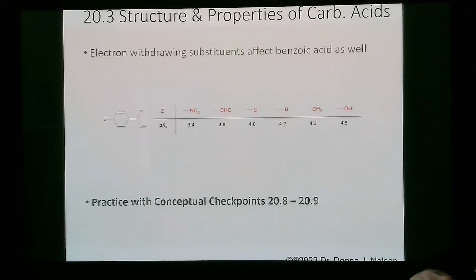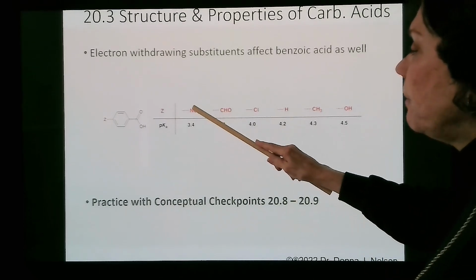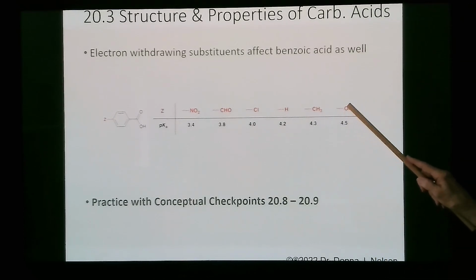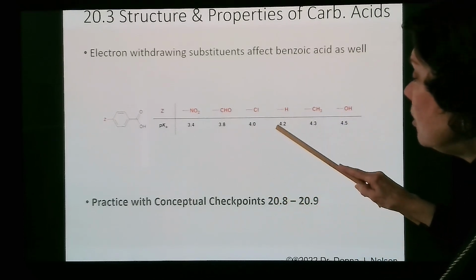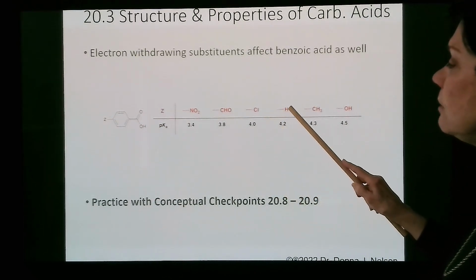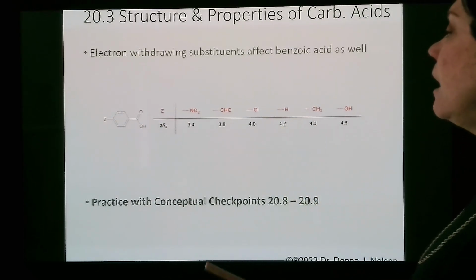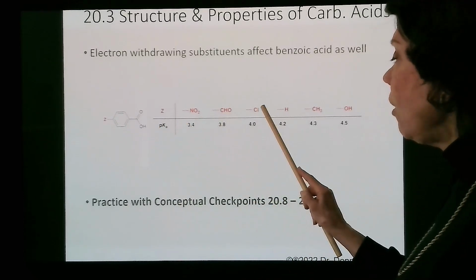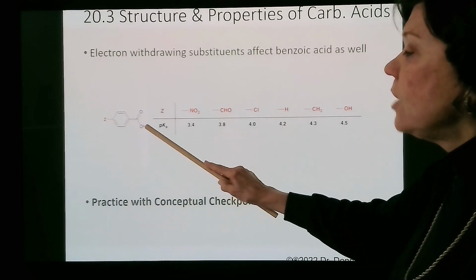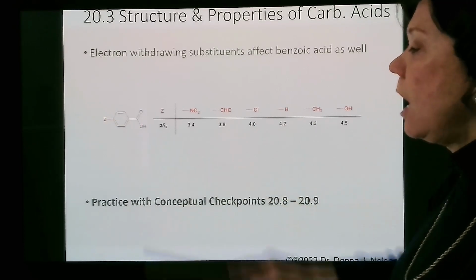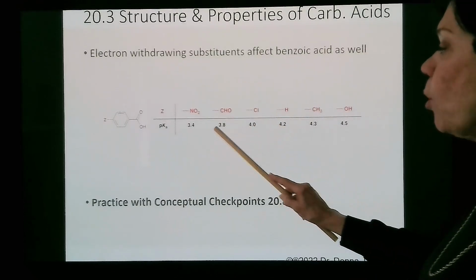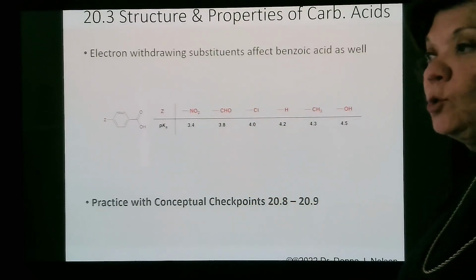And so you can see that as you go from electron withdrawing substituents to electron donating substituents, relative to a carbon-hydrogen bond here, relative to a proton, these electron withdrawing substituents pull electron density onto themselves and off of the oxygen-hydrogen bond, and so the molecule becomes more acidic, exactly as you would expect.